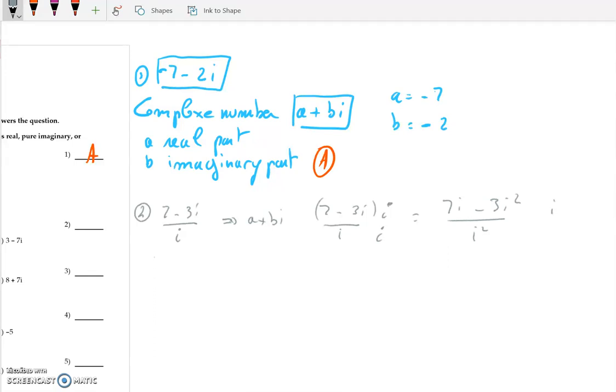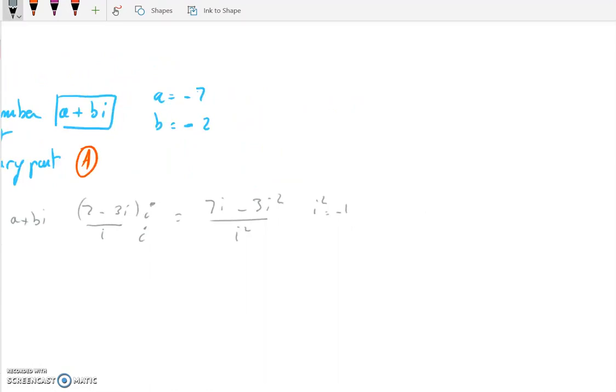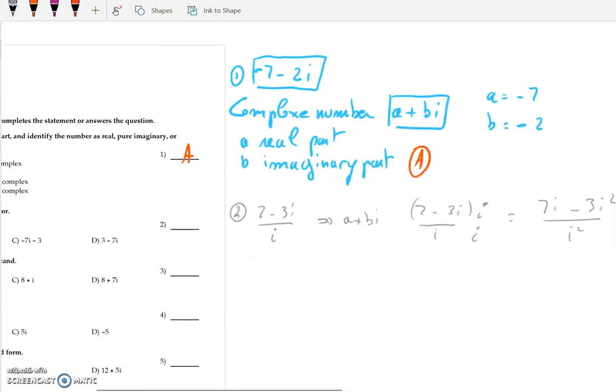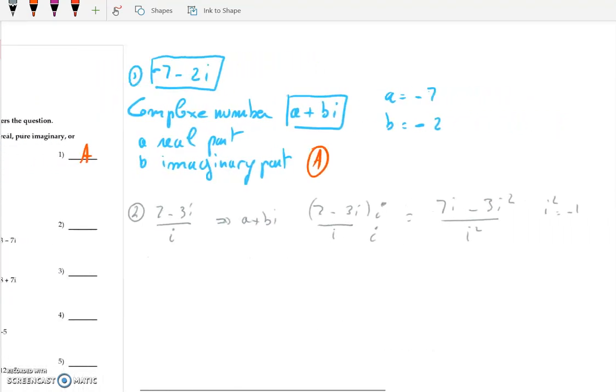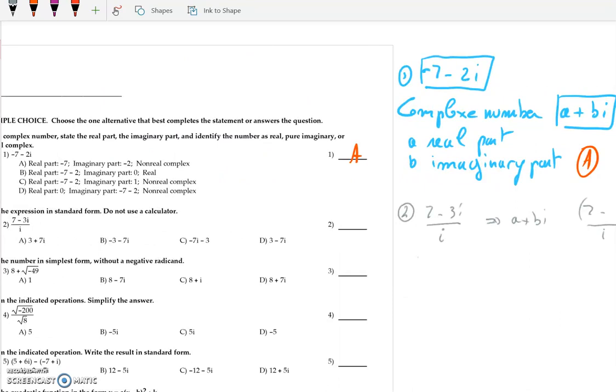I know that i squared equals -1. So I end up with 7i plus 3 divided by -1, which means -3 - 7i. And when you compare -3 - 7i, the answer was supposed to be B.